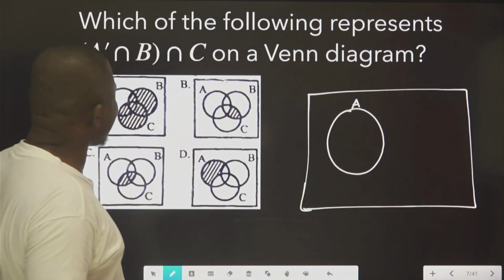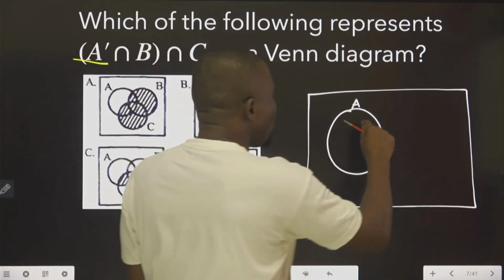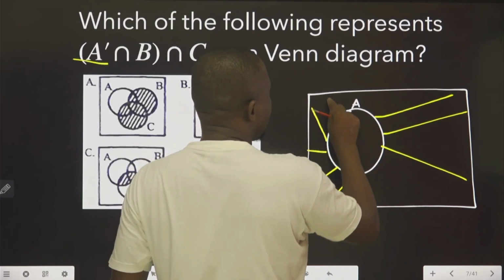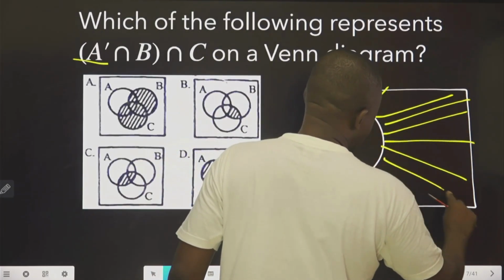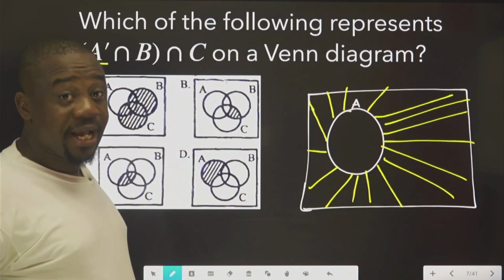What is the complement of this A first? The complement of A is everything outside A. So we're going to draw it. All this area are all the complement of what? A. Okay?